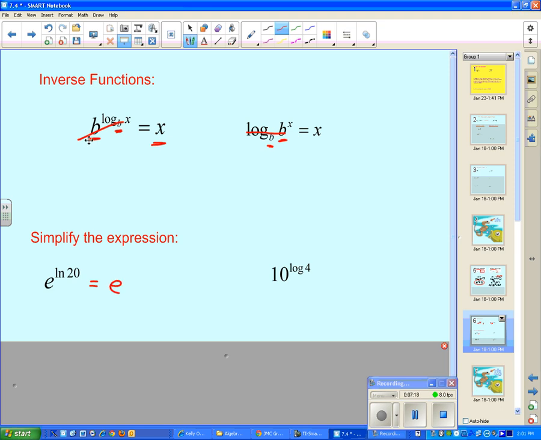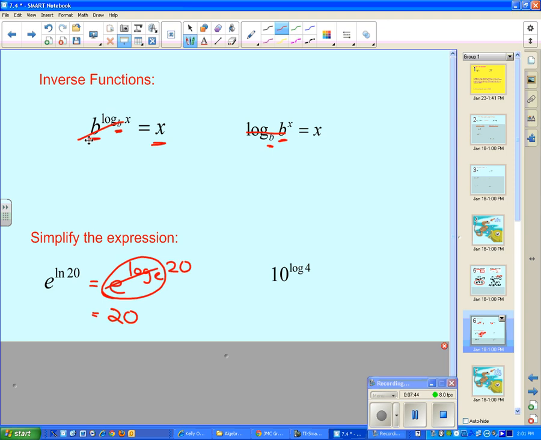So this is e to the log base e of 20. That's just another way to write ln of 20. And now you can see that the e and the e, those match. So this whole thing right here, that all cancels out. And that is just equal to 20.